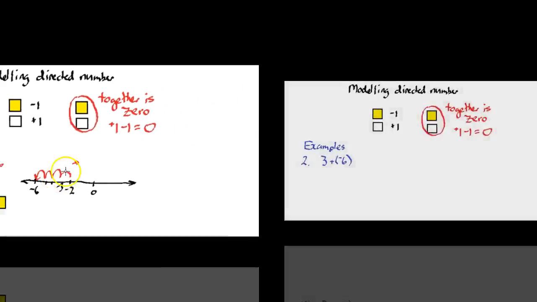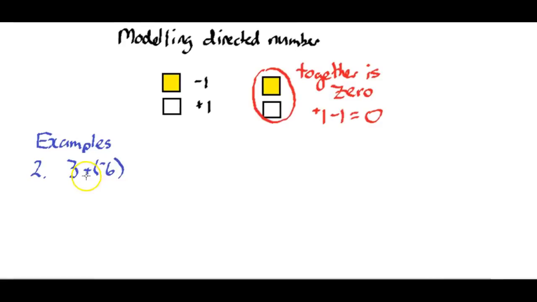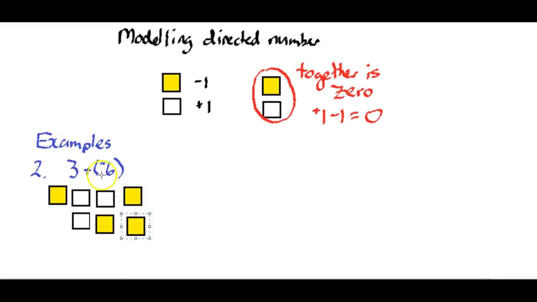In my second example, we have 3 plus -6. So I need 3 positive counters in my calculation space to start off with. Here they are. Now I need to add to this space 6 negative counters. So as I add these counters, there's 1, 2, 3, 4, 5, 6.